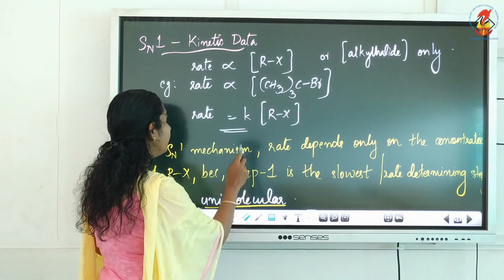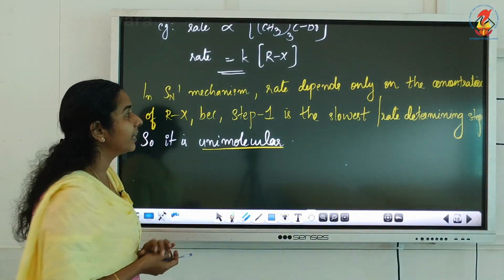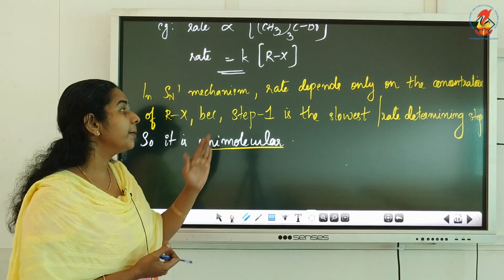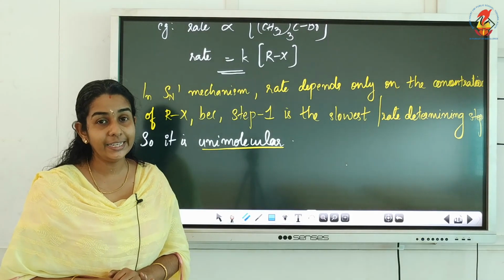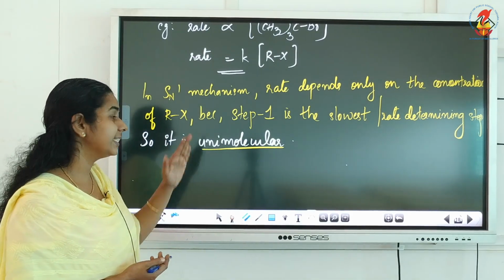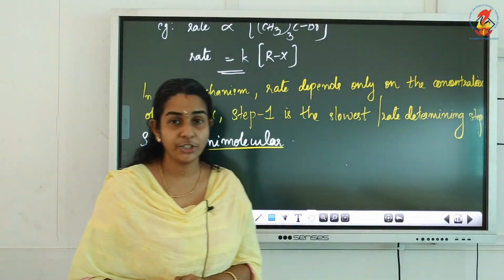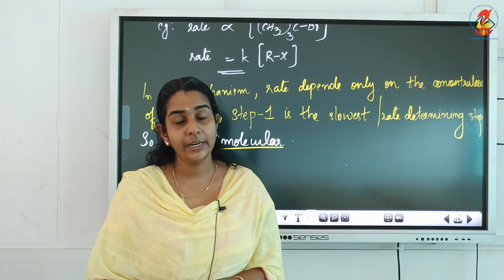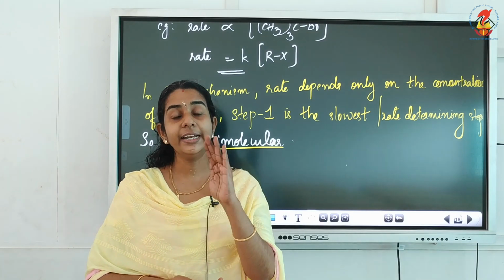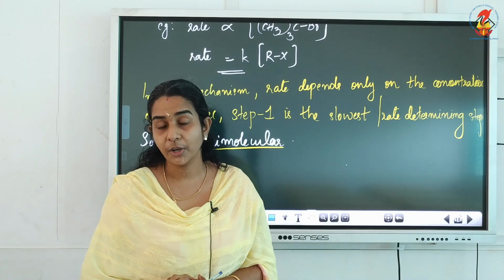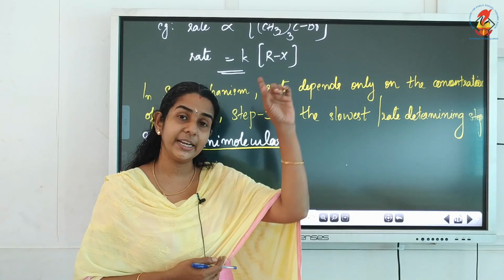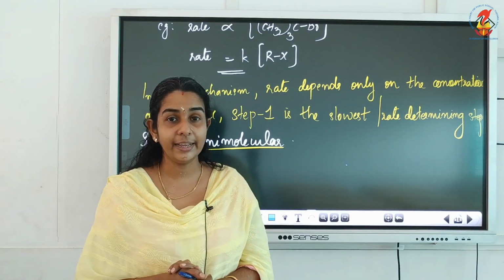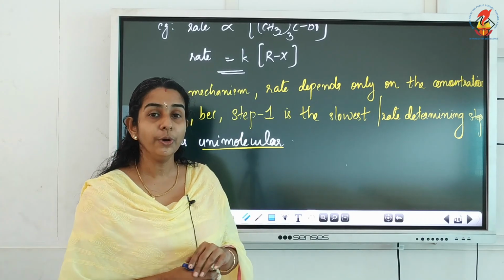So here remember, in the SN1 mechanism the rate depends only on the concentration of alkyl halide, because step 1 is the slowest or rate determining step. That is why it is a unimolecular reaction. So remember, why is SN1 a unimolecular reaction? Because the rate depends only on the concentration of alkyl halide, but in SN2 the rate depends on both the concentration of alkyl halide and the nucleophile.